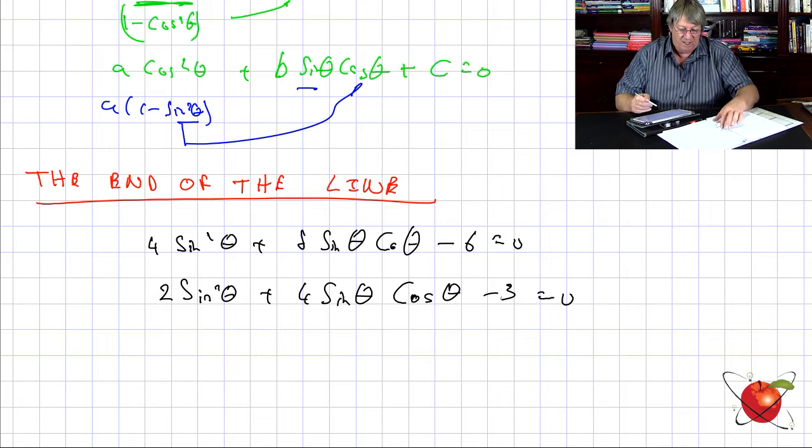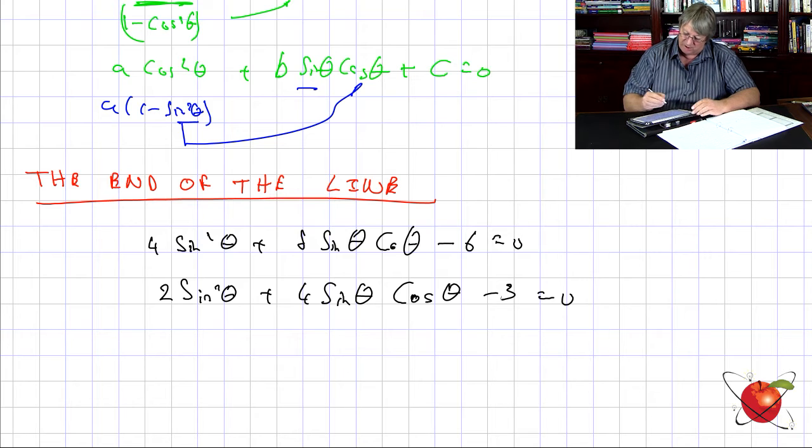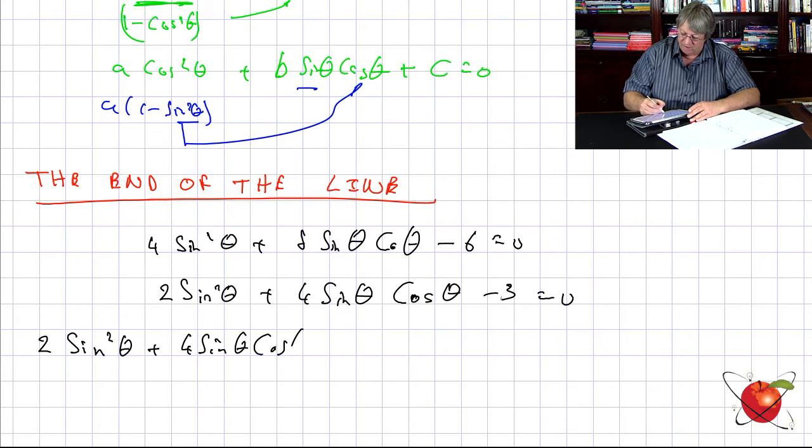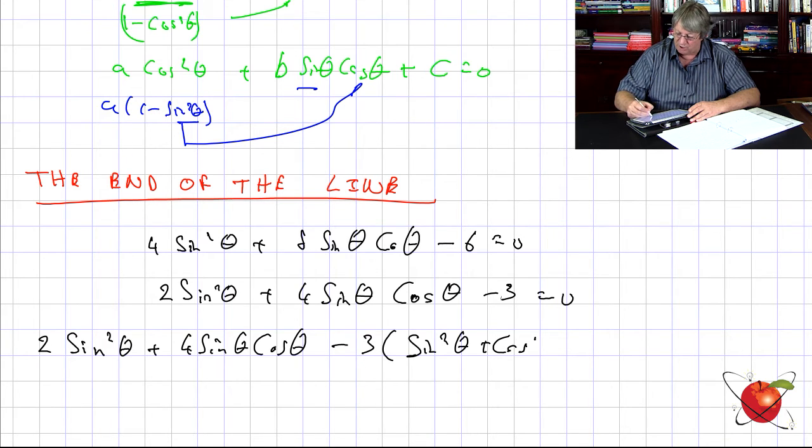I am now going to replace the last part. I'm going to say, this is 2 sine squared theta plus 4 sine theta cos theta minus 3 times sine squared theta plus cos squared theta equals 0.